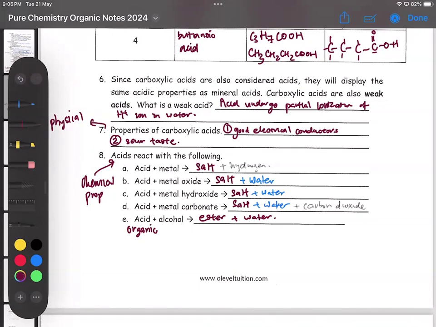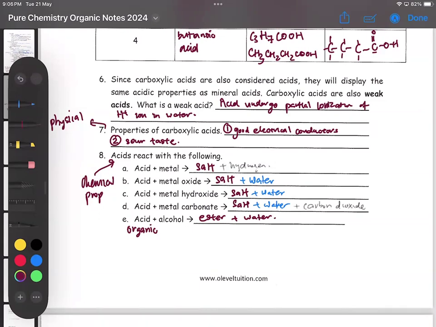Now, if you have other things like turn blue litmus red, my stand on litmus paper: is it a property? To me, a property is not a reaction. When we talk about properties, if you can turn something from blue to red, that feels a bit like a chemical reaction.